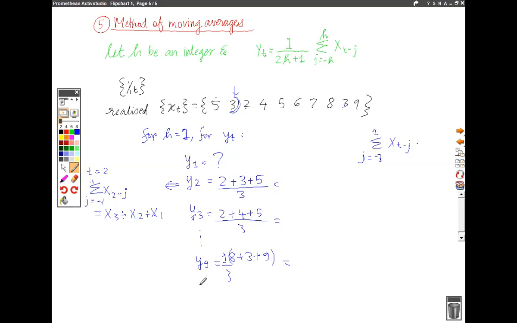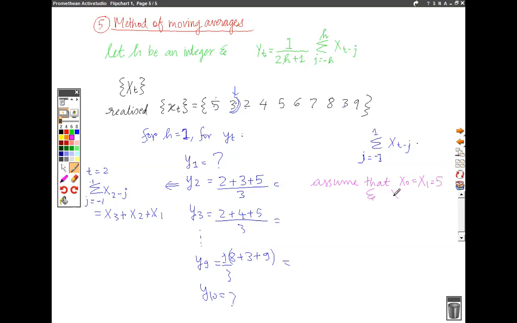But what about y1 and y10? For y1, we only have 5 and 3 values, right? We don't have anything for x0. And here for y10, we only have values for x9 and x10. We have nothing for x11. So sometimes this depends on you as a researcher, what you want to do or what your best guess is. So sometimes what you do is you just assume that my x0 is going to be similar to what my x1 is, which here is 5.